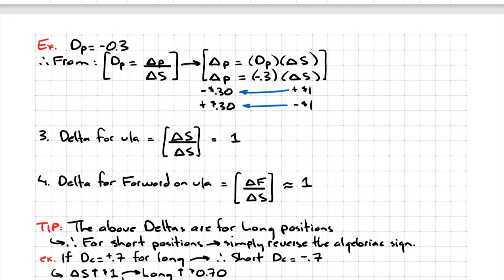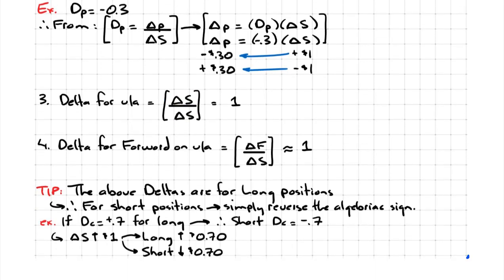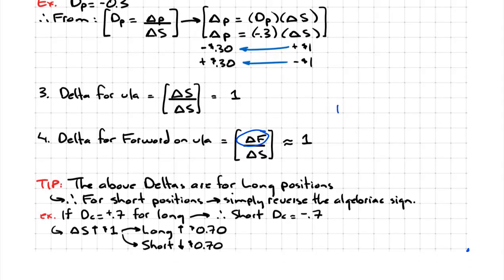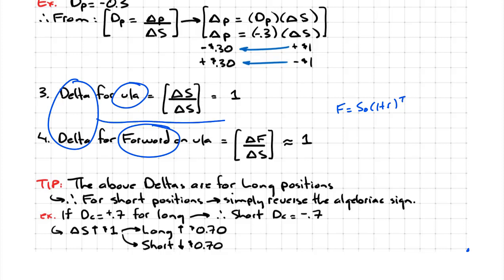And similarly for forwards, the change in the forward price, because if you recall, forward price is a direct function of the spot price. So you could see that the delta between the forward and the spot price is approximately equal to 1. So for practical purposes, ladies and gentlemen, whether you're looking at the underlying asset or the forward, unless you're told otherwise, the delta is 1, even for forward contracts.